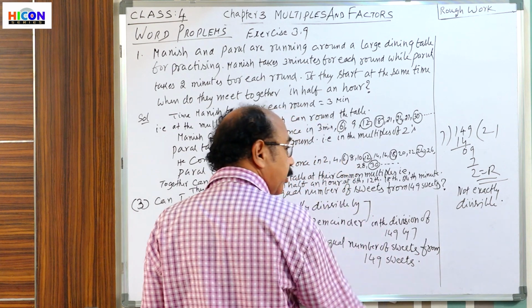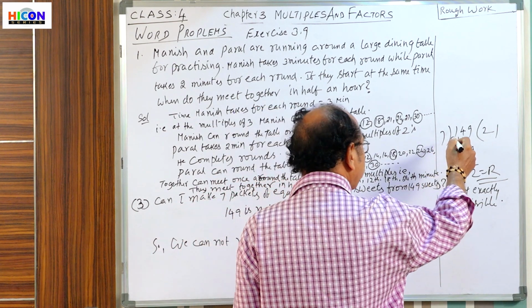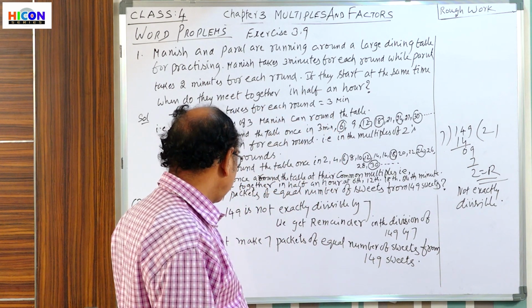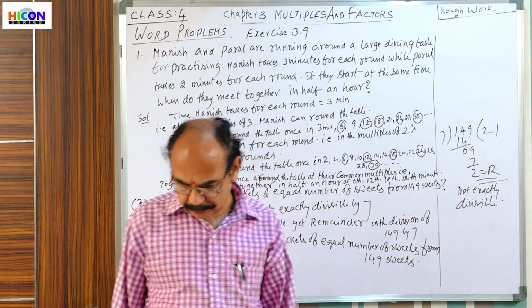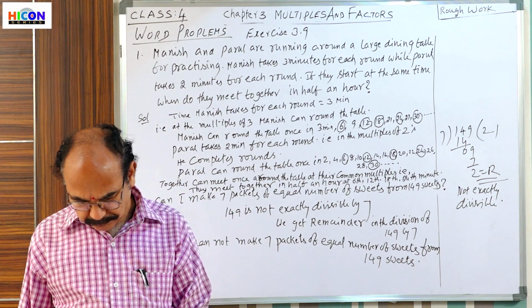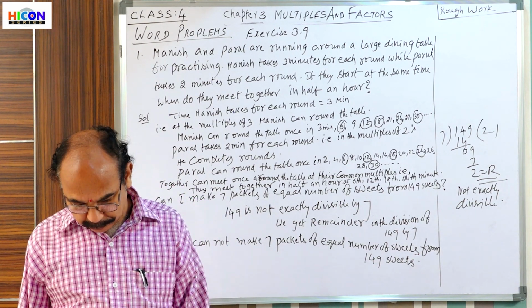Why? Because 149 is not divisible by 7. Exactly, that's why it is not possible. Okay, children, like this we can solve the problems.